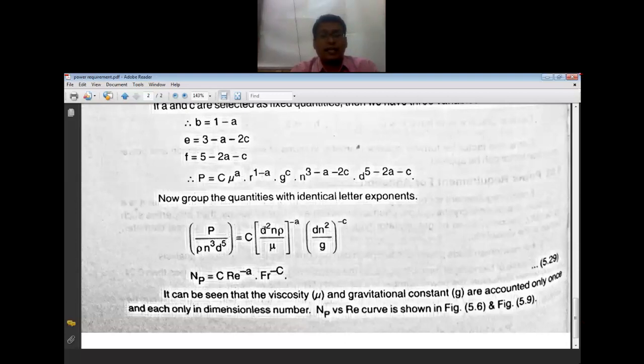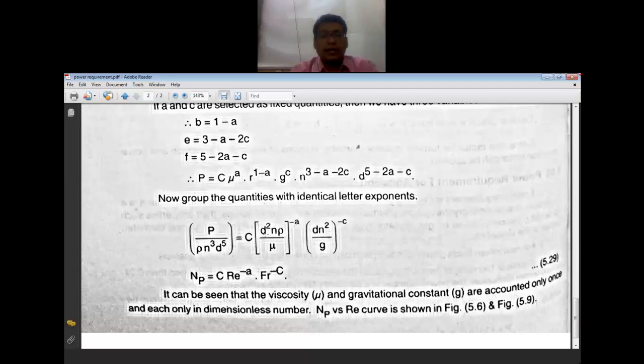All a are collected in one term and all c are collected in one term, so that you will get P upon rho n cube into d raised to 5. This is nothing but the Np, that is called the power number.